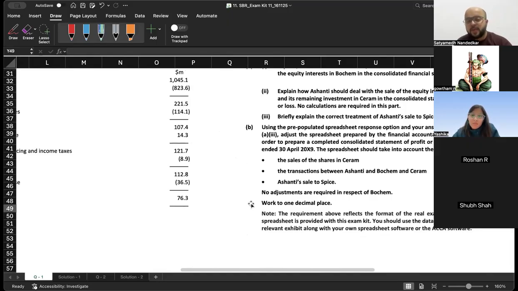Using the pre-populated spreadsheet response option and your answer to A2 and A3, adjust the spreadsheet prepared by the financial accountant of Ashanti in order to prepare a completed consolidated statement of P&L.